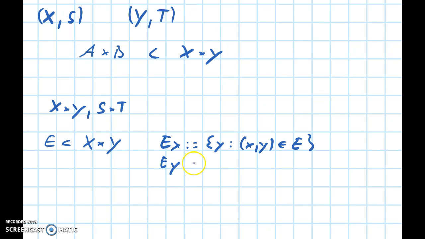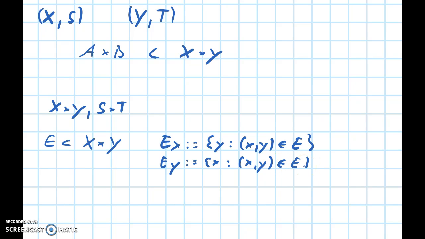So the Y section is those X such that XY is an element of E.